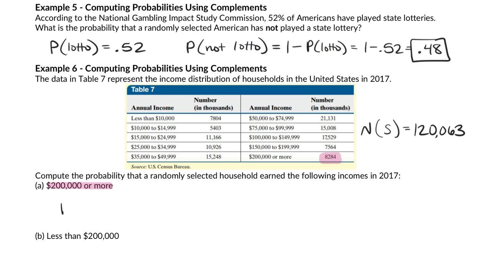So the probability that event E, which is earning $200,000 or more, occurs, will be 8284 over the 120,063. If we calculate that real quick on our calculator, we get 0.069.